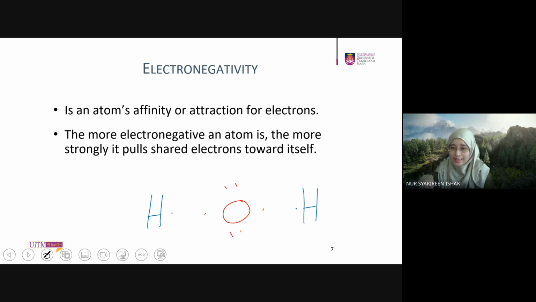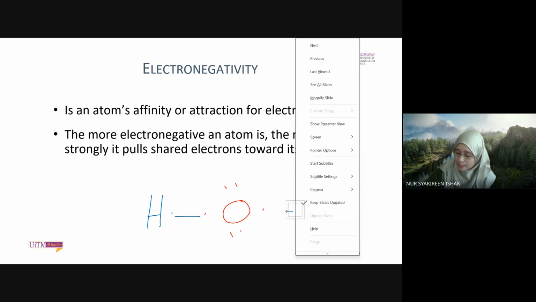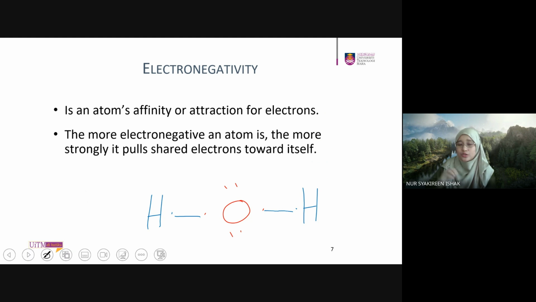So the oxygen atom will pull electrons more strongly toward itself because it has more electrons. So electrons of the hydrogen atom will be pulled towards the oxygen. So oxygen is more electronegative compared to the hydrogen atom because oxygen has more electrons.